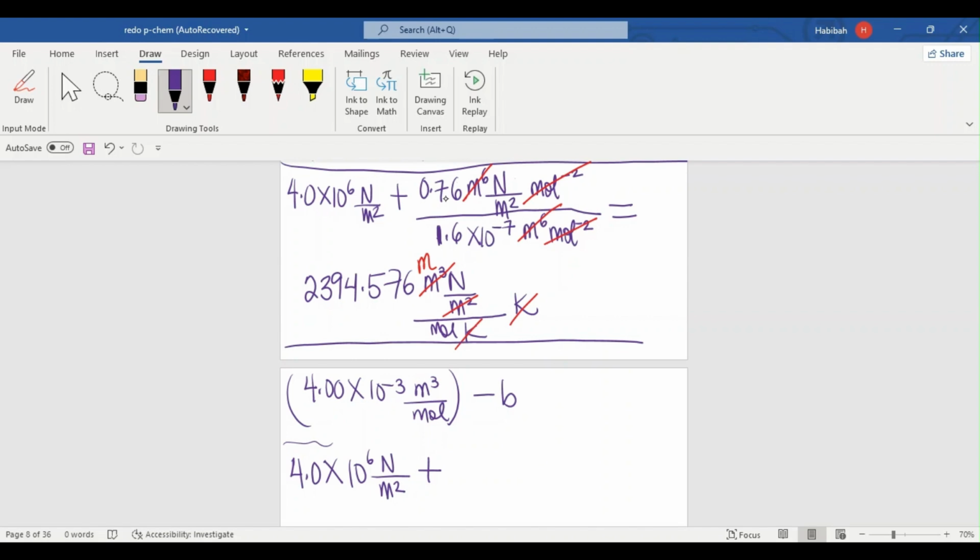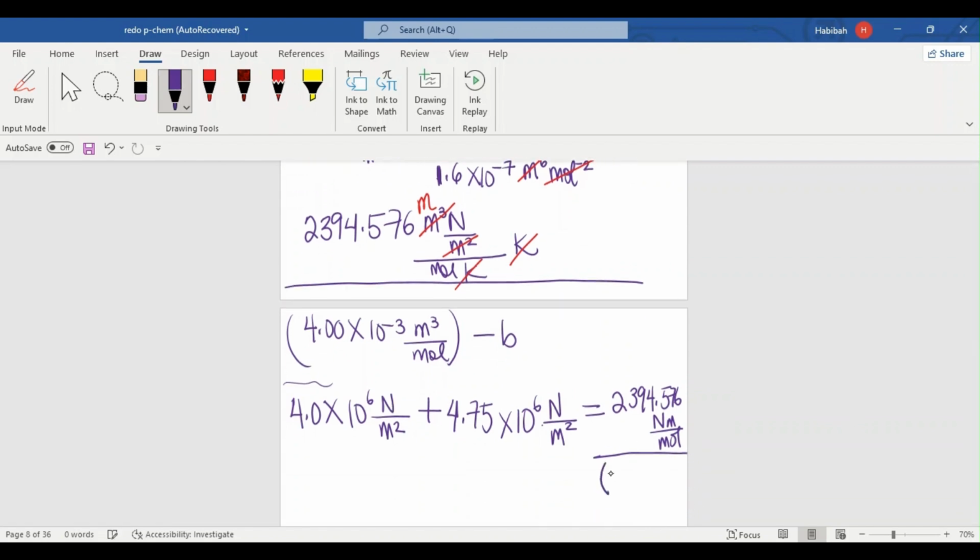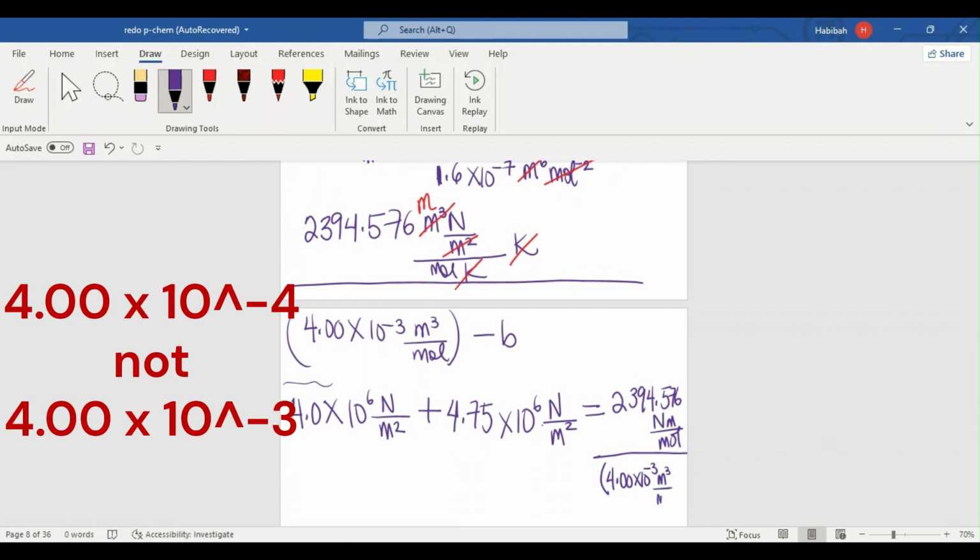When you do the division in your calculator, what you end up with is 4.75 times 10 raised to the power of 6 Newton per meter squared, equal to 2394.576 Newton meter per mole, all divided by 4.00 times 10 to the power of negative 3 meter cubed per mole minus B. That is it.